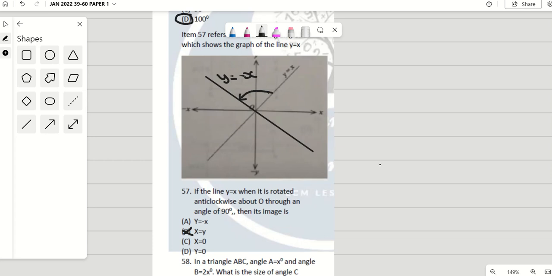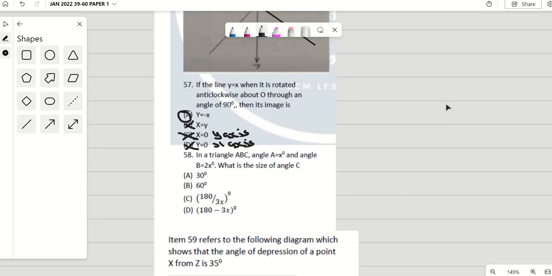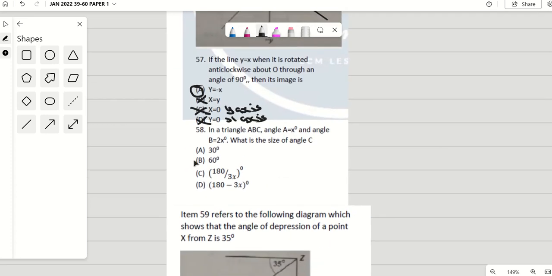Then x is equal to 0 is on our y-axis. Let me write that, y-axis. So it is not C. And then D, y is equal to 0, that is on our x-axis. So we know D is not your answer. Through a process of elimination, if you did not know, y is equal to minus x will be your answer for this. Let's look at 58.